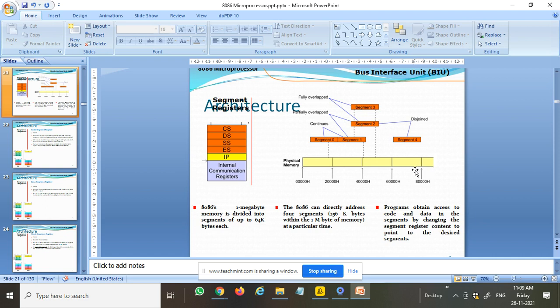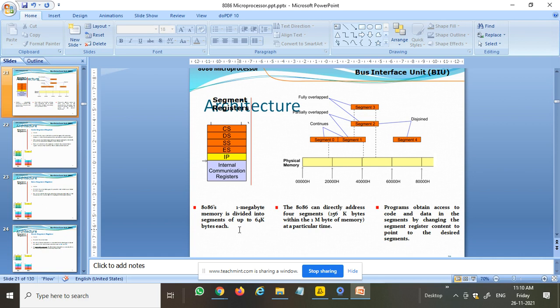In 8086 there is an advantage in segmentation. This is the total physical memory, and this is segment 0, segment 1, segment 2, segment 3, and segment 4. In 8086, one megabyte of memory is divided into segments.